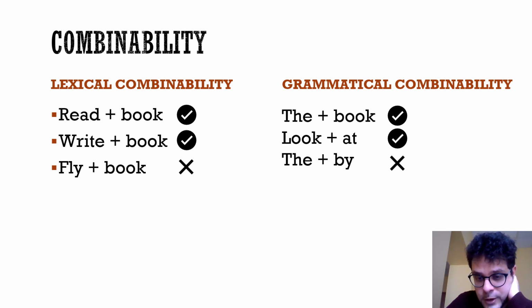So the only way is to practice, listen, and remember. And of course, we know that some combinations are really not allowed in the language, like the by, for instance. We know syntactically that a determiner can't precede a preposition. Okay, so lexical and grammatical combinability.